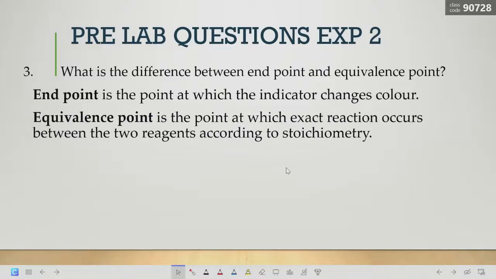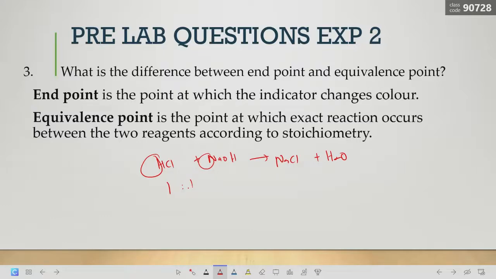Okay. So what's the equivalence point? The equivalence point is the point at which the exact reaction occurs between the two reagents according to stoichiometry. For example, if you have HCl plus NaOH, you produce the salt, which is NaCl plus H2O. Now you have to know what the stoichiometry involved for HCl and NaOH is. It is 1 to 1.